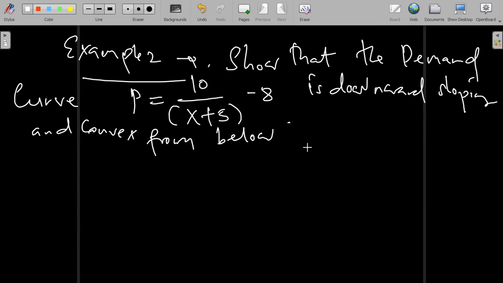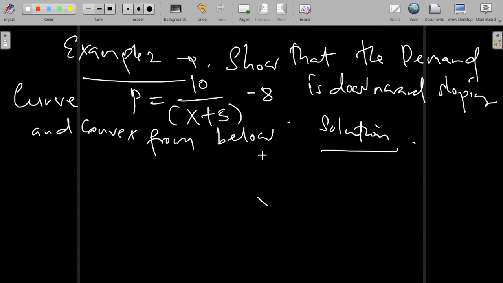So that's the question. Now let's go to the solution. Now the condition here, we are required to show a demand curve, that is P is equal to 10 over x plus 5 minus 8, that is downward sloping and convex from below.